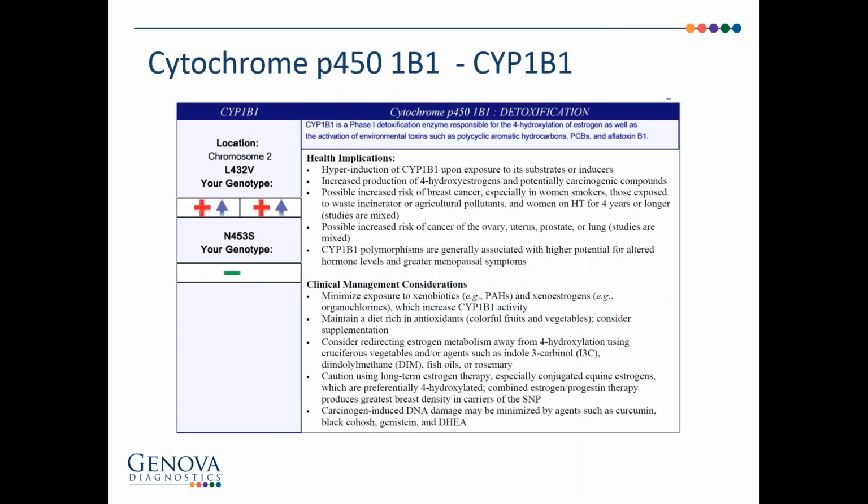So when you order the SNPs in conjunction with the complete hormones, you get a page that looks like this. We talked a little bit about this this morning when we were doing methylation SNPs. We give you a ridiculous amount of information just because it's important. And your genes don't change. Check this once. And what we want to know is the location of the chromosome, the genotype, the phenotype.